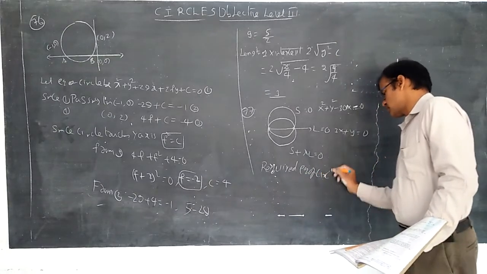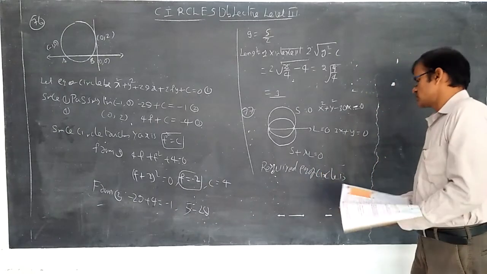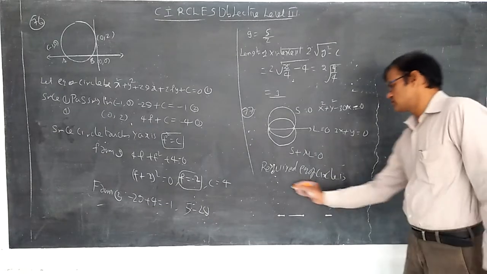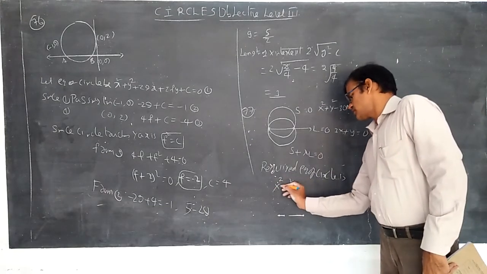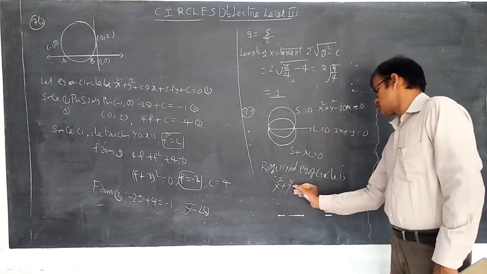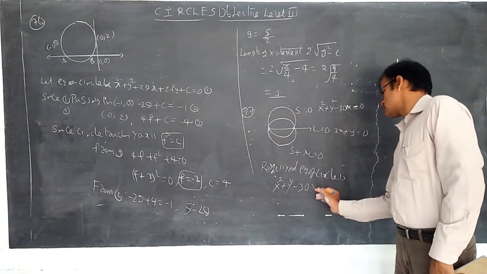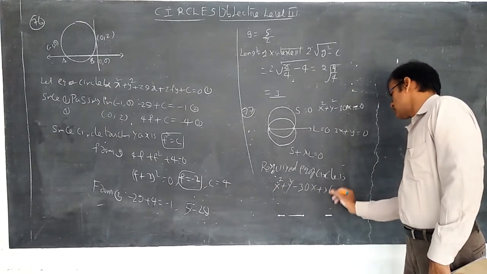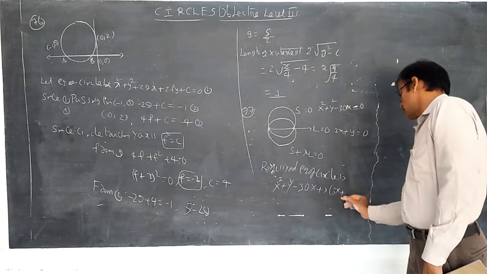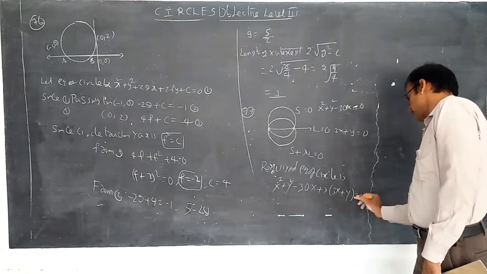The required equation of circle is S plus lambda L equal to 0. You can write here x square plus y square minus 30x plus lambda into (3x plus y) equal to 0.